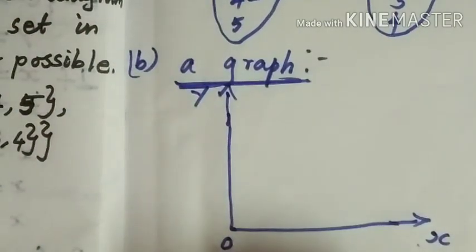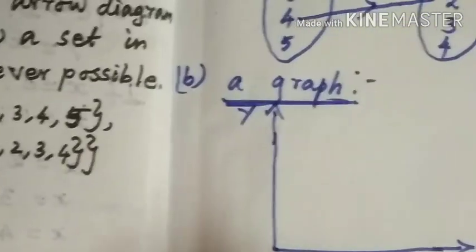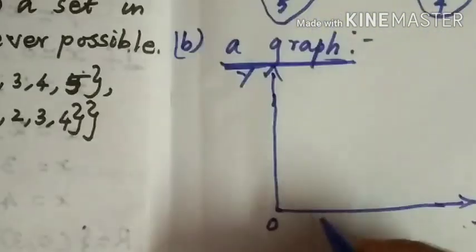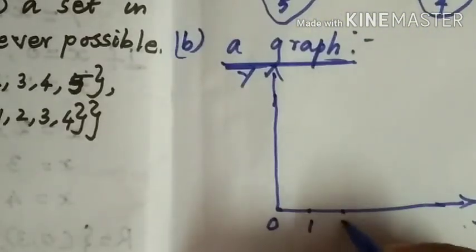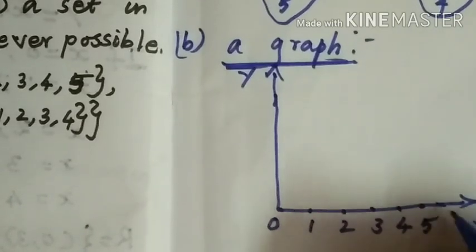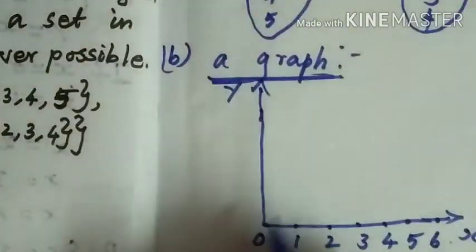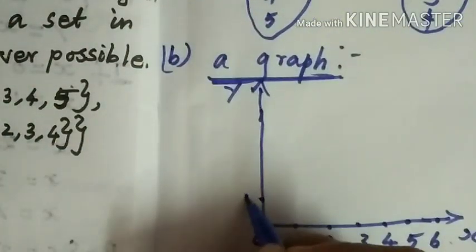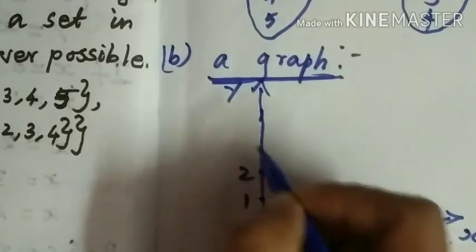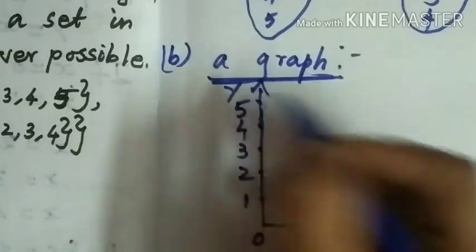In the X coordinate up to 5, so you write 1, 2, 3, 4, 5. Then in the Y coordinate 4 numbers, so you write 1, 2, 3, 4.